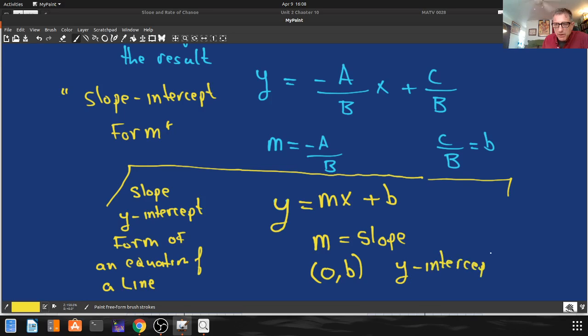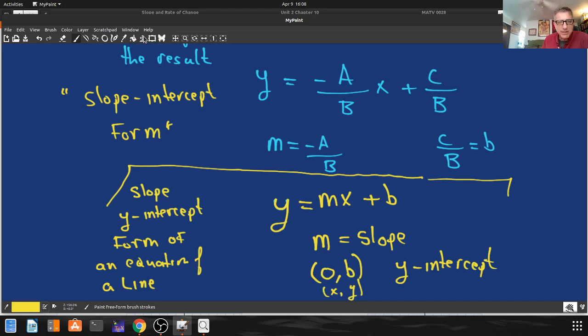So remember, B is a real number. Y-intercept is a point. But we already know the first coordinate of our y-intercept is 0, so B is the value that goes in the y slot of our point. By y slot, I mean y coordinate.